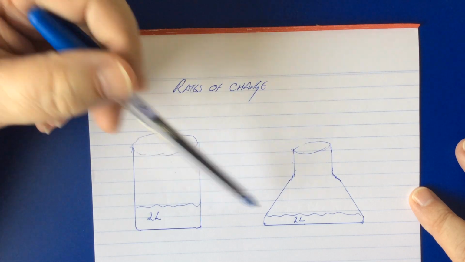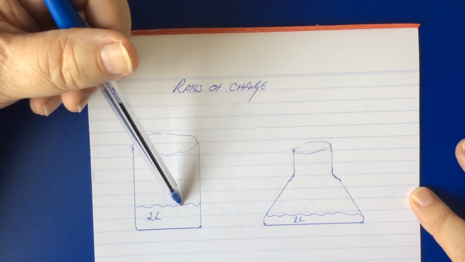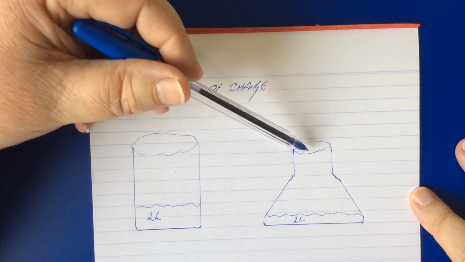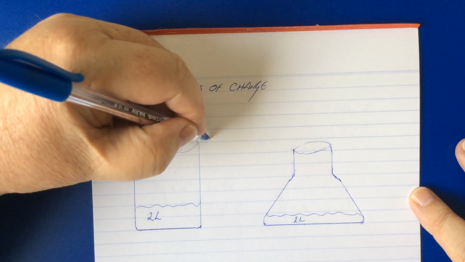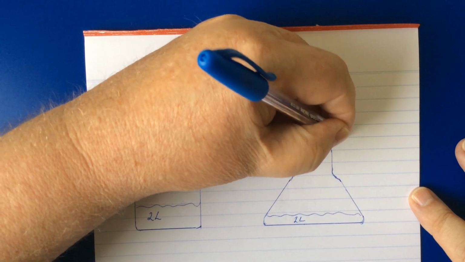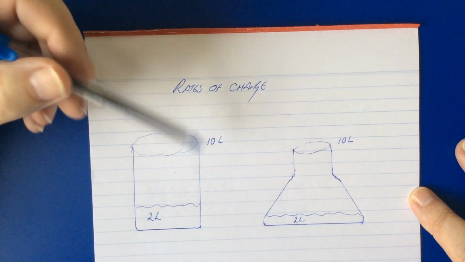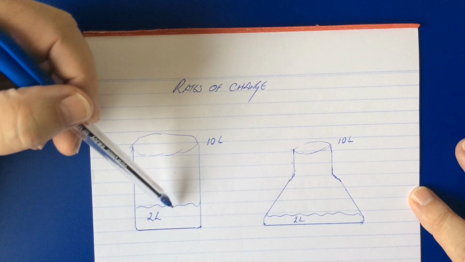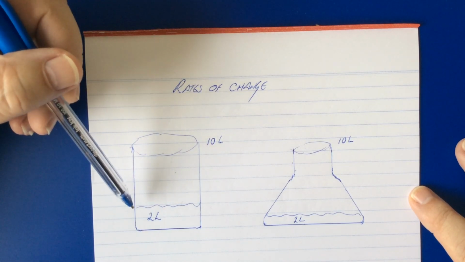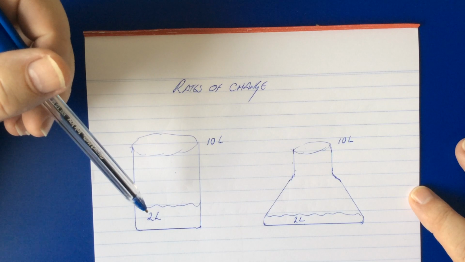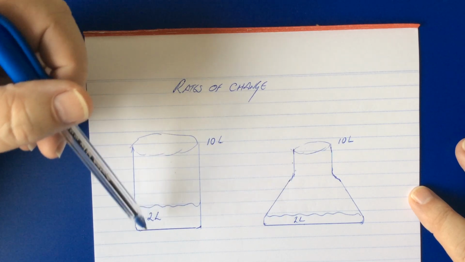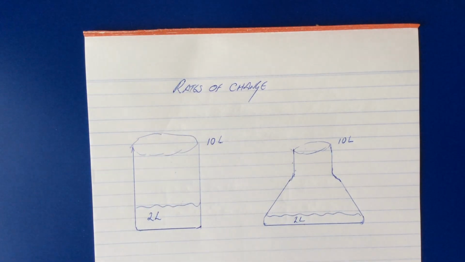So the starting points, if we are to fill these to their brim, to their capacity, which is 10 litres for both, the starting point is 2 litres. It doesn't have to be, but it's useful for me to have some fluid in here so that you can see how that is interpreted on a graph.